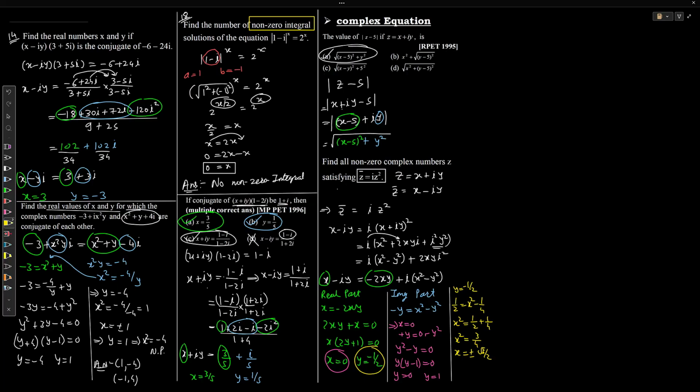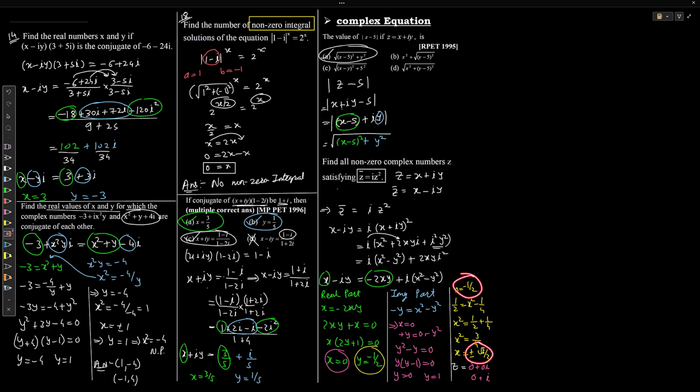And what is that? x plus iy. So possible values of z are: when x equal to 0, y equal to 0, we get 0 plus 0i. First one is 0, 0. Then 0 and minus 1, that means 0 minus i. Now we'll take y equal to minus half.